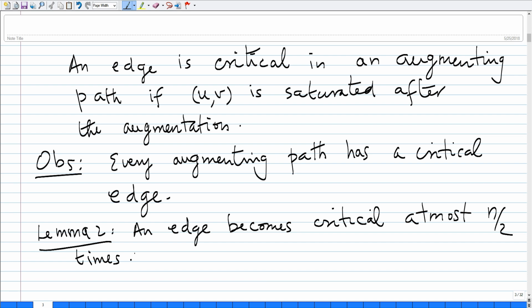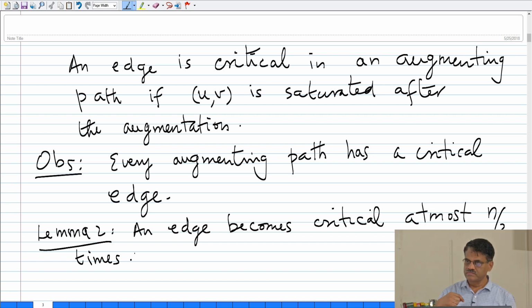How many times did it become critical? Every time, not twice, in every augmentation. If I find this path, then that edge is the critical edge, so I will send as much as I can send. Then if I find this path, this edge will become critical again. So that edge becomes critical f star times, and that was the problem which was giving me bad running time.